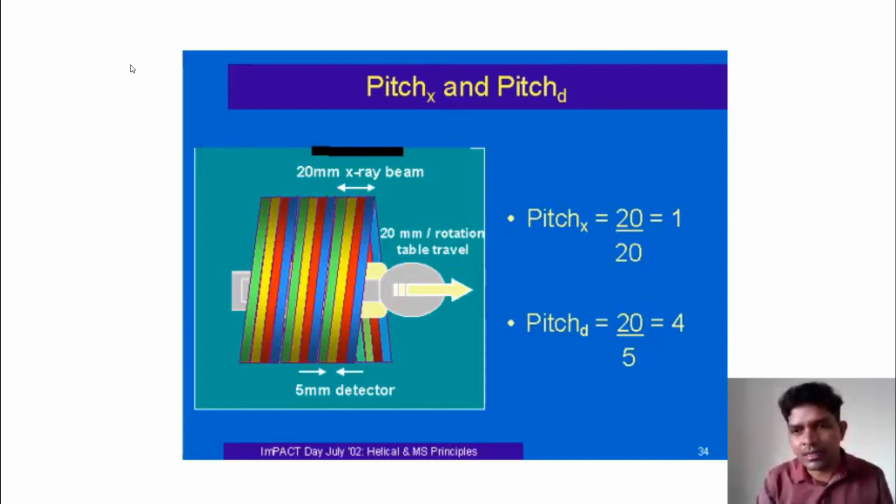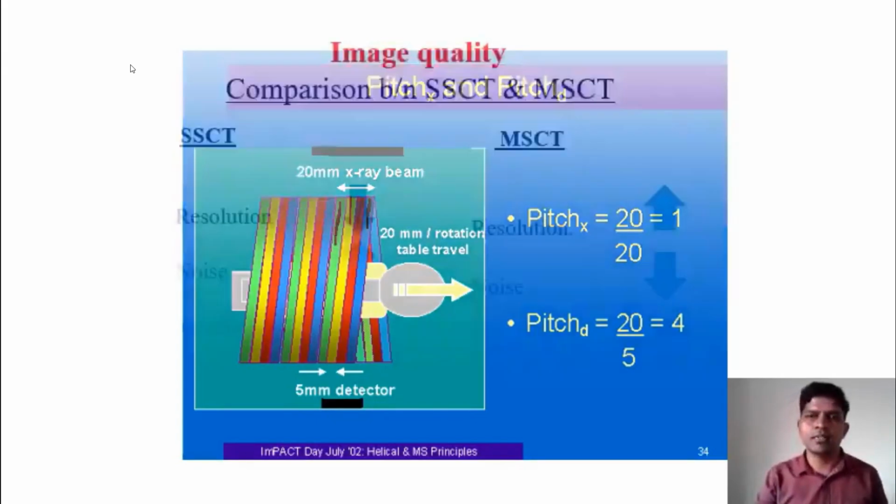If it is a single detector or single slice, it is 5 mm. You can see here in the colors blue, red, yellow, and green: blue is 5 mm, red is 5 mm, yellow is 5 mm, and green is 5 mm. So it means 20 mm. That's how it changed with the multi-detector.